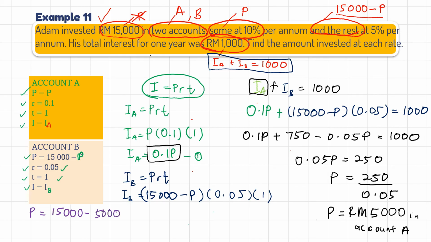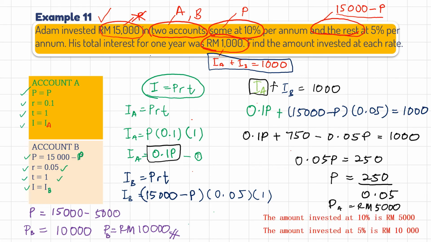Therefore, PB is 10,000 ringgit. So the final answer for P in account B is RM 10,000 ringgit. This will be our final answer. So here we have PA equals 5,000 ringgit and PB equals 10,000 ringgit.